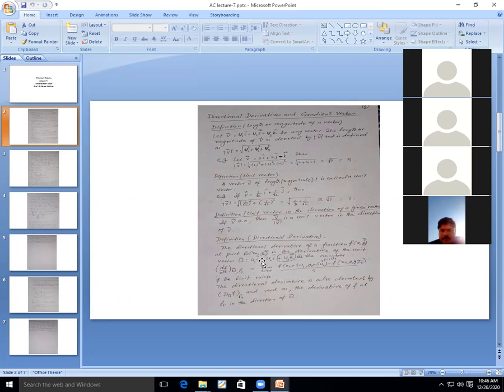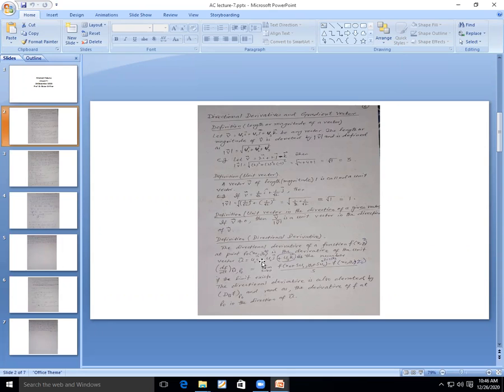At the point P, it is defined as the limit as s approaches 0 of f(x naught plus s u1, y naught plus s u2, z naught plus s u3) minus f(x naught, y naught, z naught), divided by s.